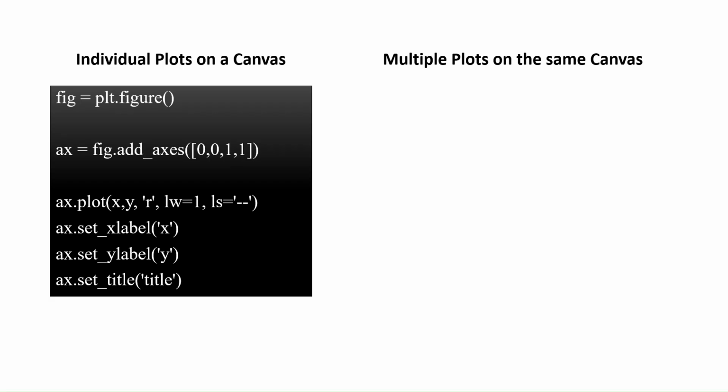So in this video, we plotted two kinds of graph. First was for the individual plots on a canvas, where we built the figure object first. Then we added axis to it using the add_axes method, and then plotted the XY values. Remember, multiple axes can be built on the same canvas. We could also pass in the parameter for changing the line colors, line width, and line style.